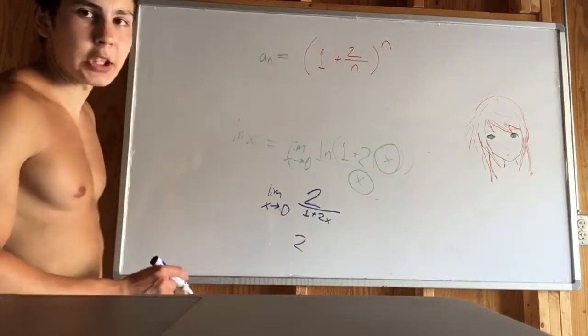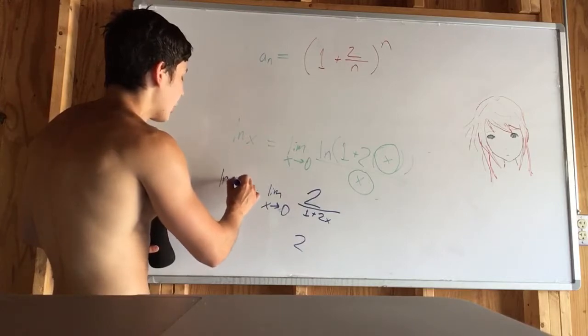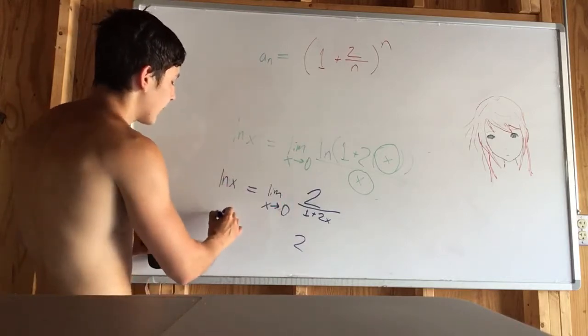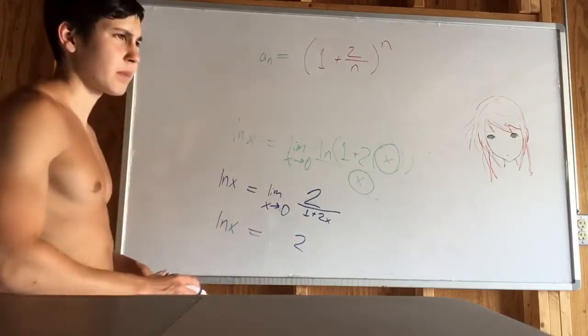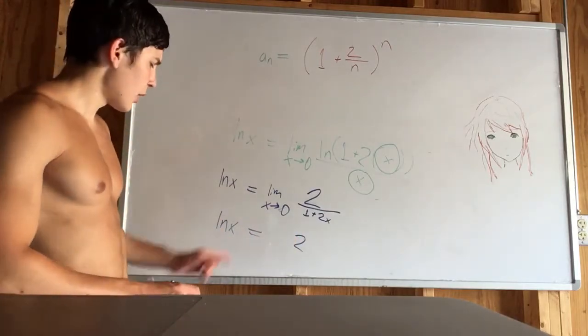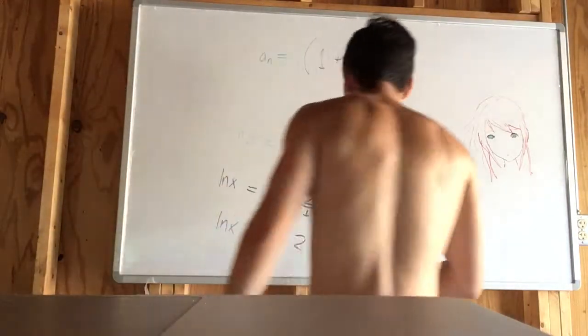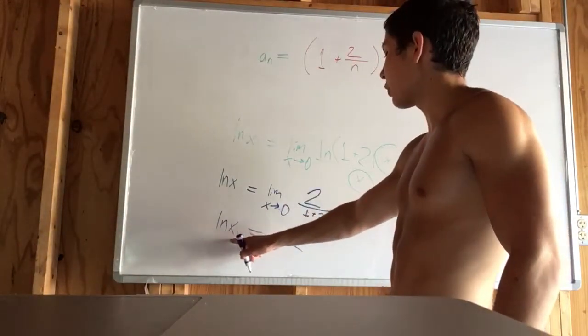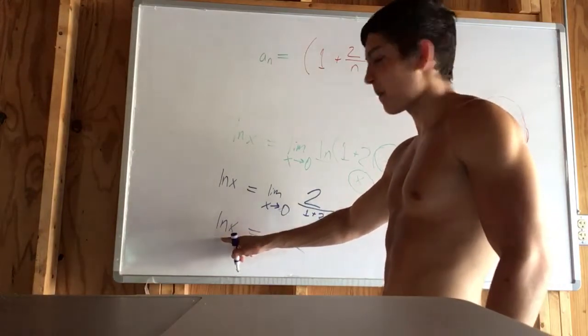The sequence doesn't converge to 2, because we had the natural log of x equals this. The natural log of x equals 2. So how do we solve this? We solve this by realizing that the natural log has a base of e.